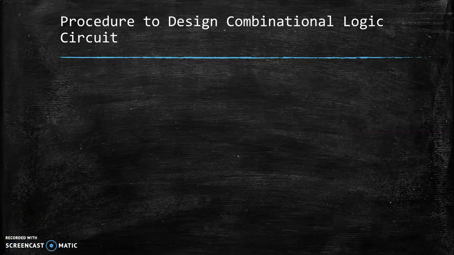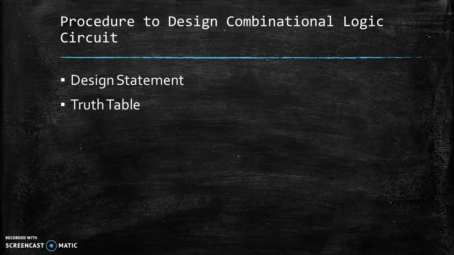Before we start designing the BCD to Excess-3 code converter, let us revise the procedure to design any combinational logic circuit. First step, we require a design statement, and based on the design statement we can prepare the required truth table with the required input variables and accordingly output variables.